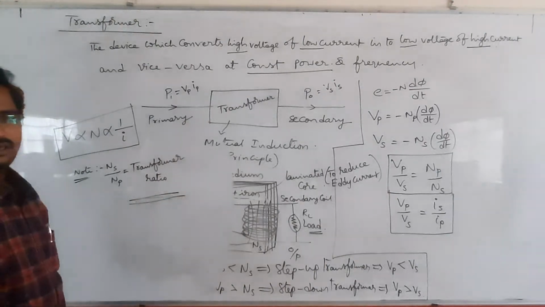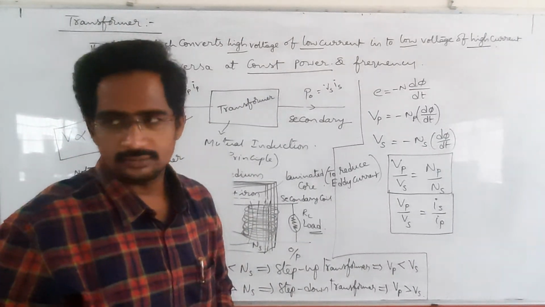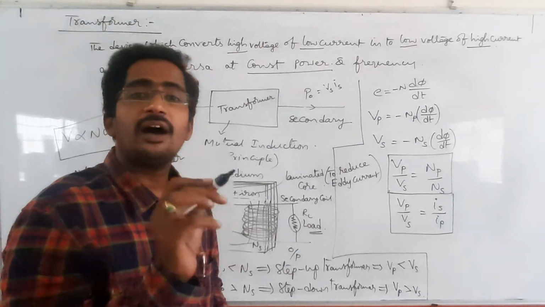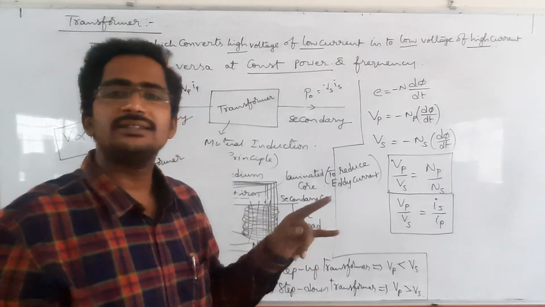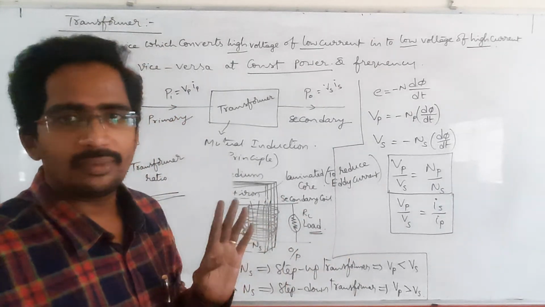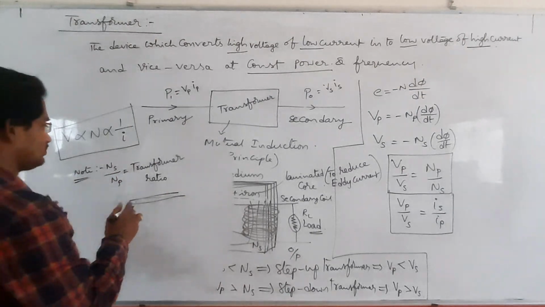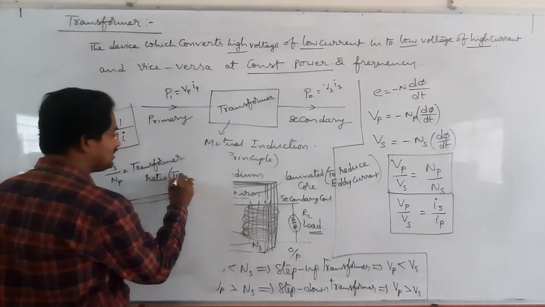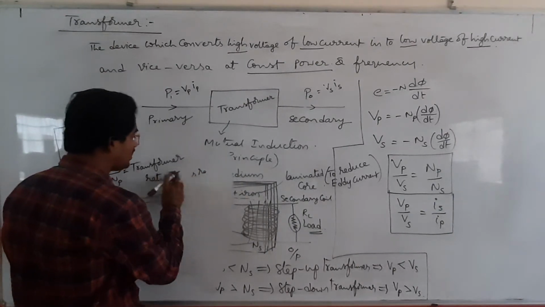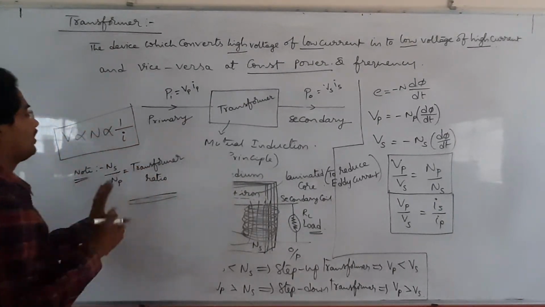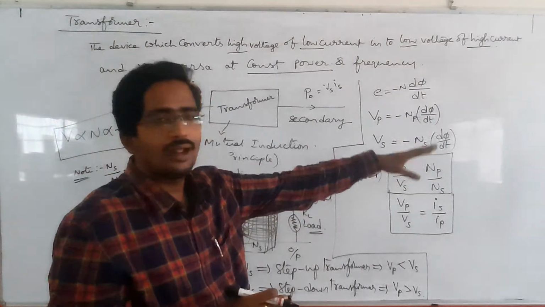In the problems, wherever you see the words transformer ratio, that means the number of turns in the secondary coil by the number of turns in the primary coil. Do remember it well. It is called transformer ratio or turns ratio also. And these are the most important formulae.